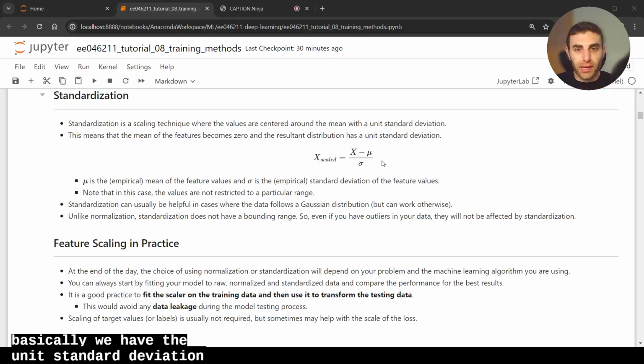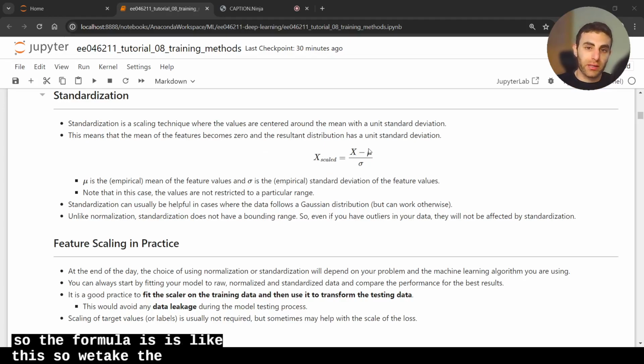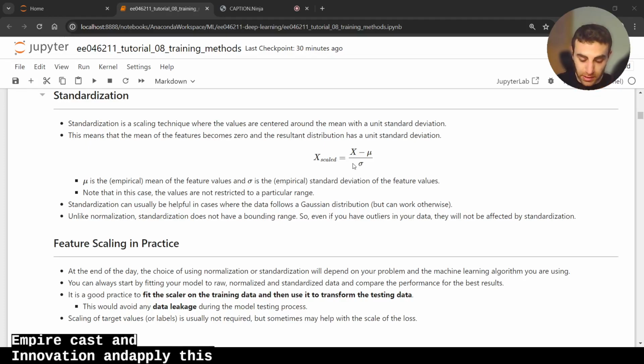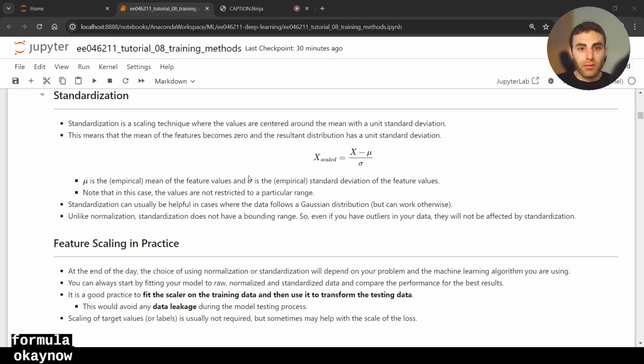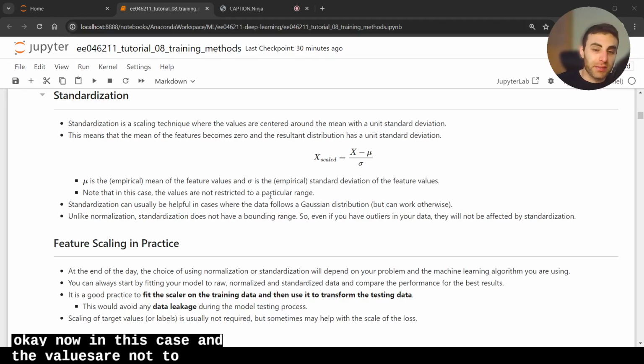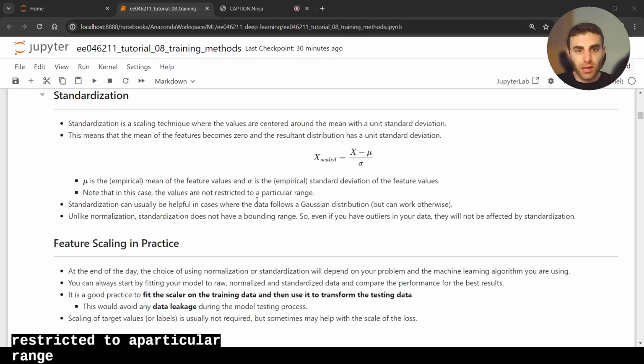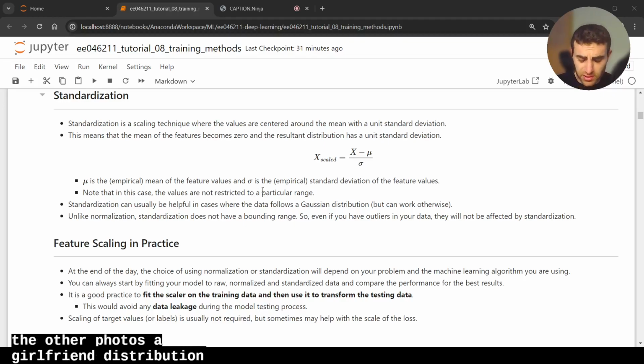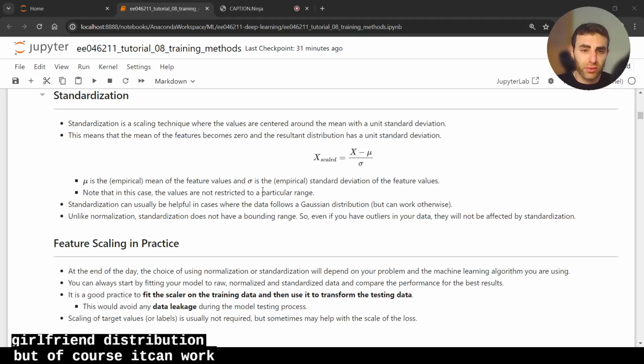So the formula is like this: we take the empirical mean and the empirical standard deviation and apply them in this formula. Now, in this case, the values are not restricted to a particular range. It's very useful in cases when we know that the data follows a Gaussian distribution. But of course, it can work otherwise.